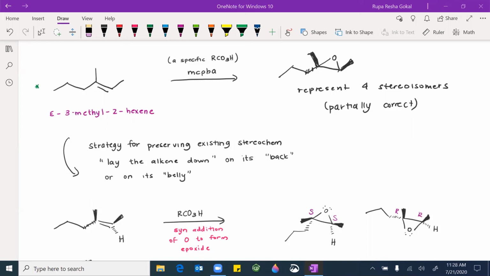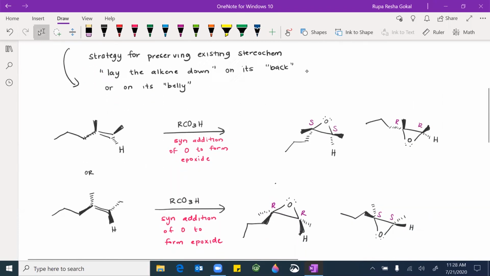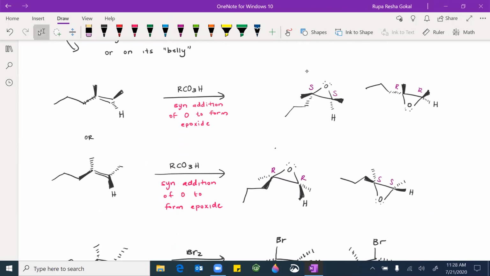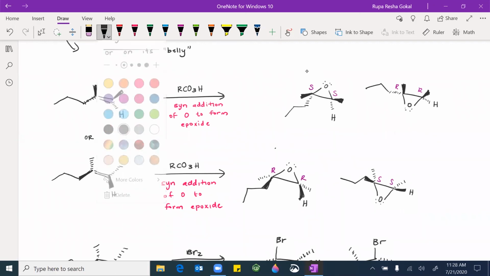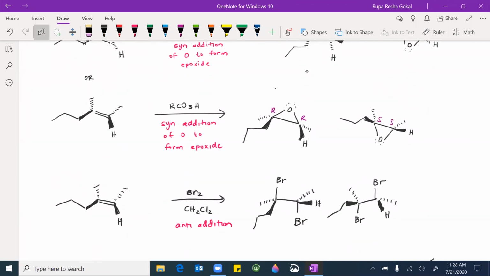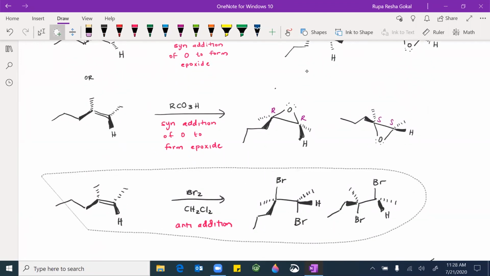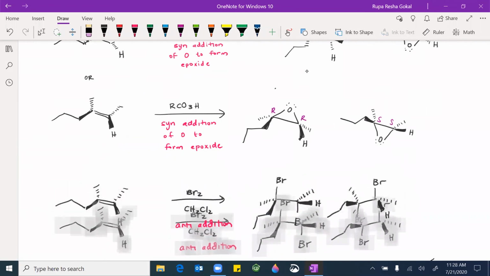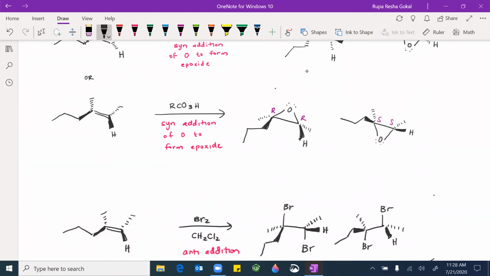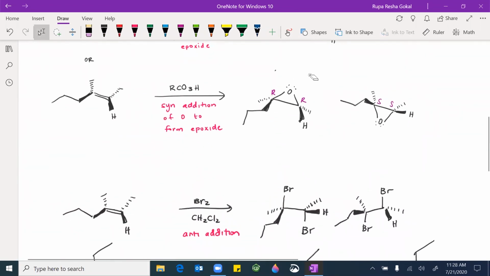Hey, can you show one with a Z isomer? Okay, so if I started with the Z, go ahead and assume that I'm going to make the SR and the RS. I still have to do a syn addition, but my original stereochemistry is different.